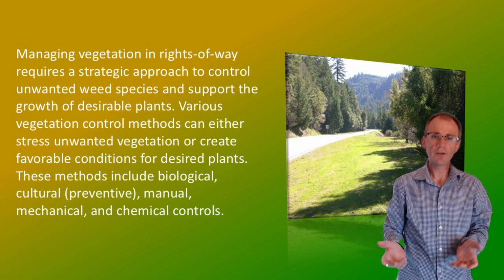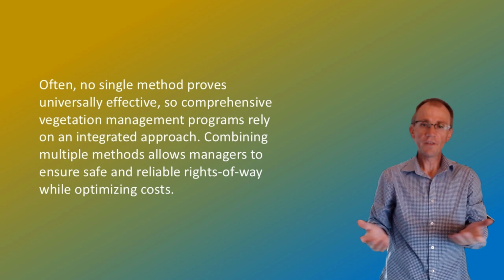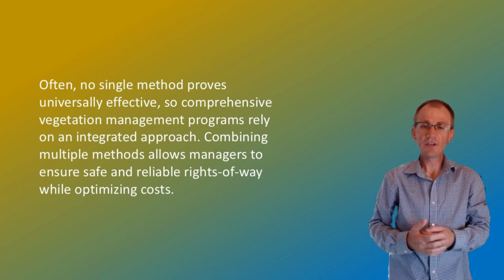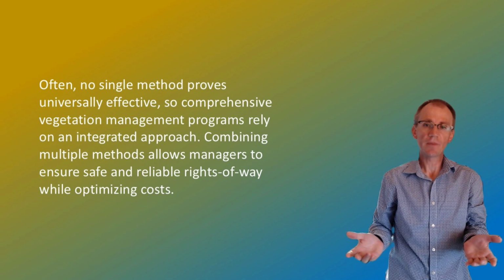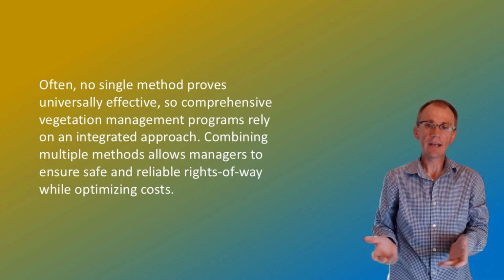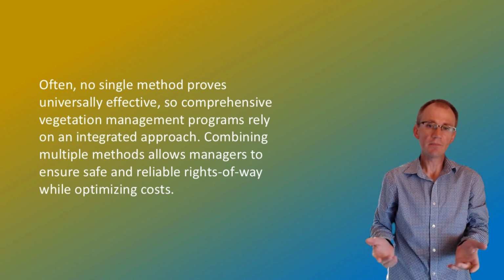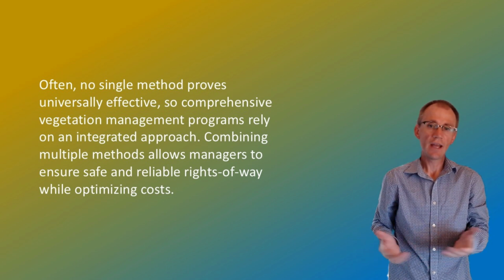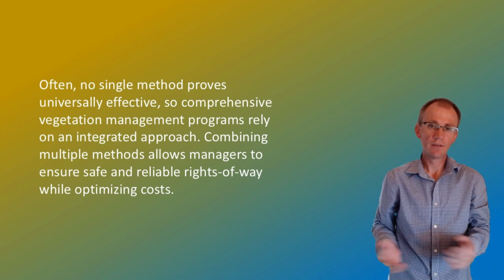These methods include biological, cultural, preventative, manual, mechanical, and chemical controls. Often, no single method proves universally effective, so comprehensive vegetation management programs rely on an integrated approach. Combining multiple methods allows managers to ensure safe and reliable rights-of-way while optimizing costs.